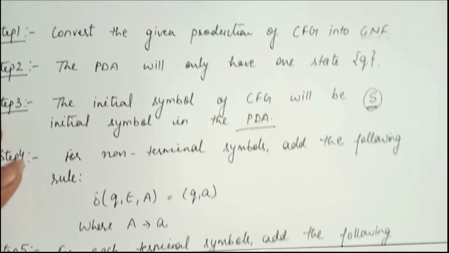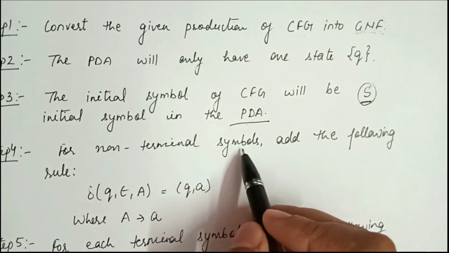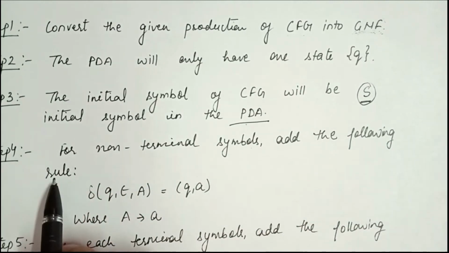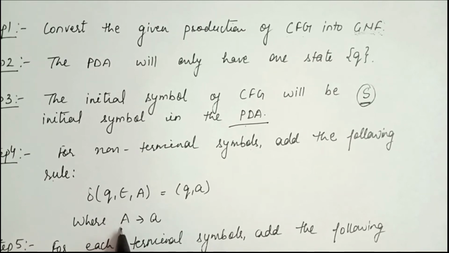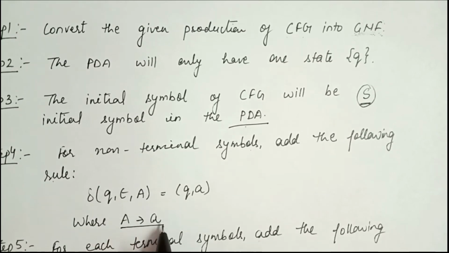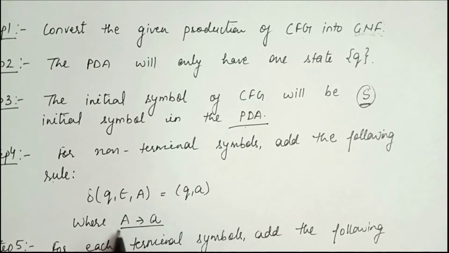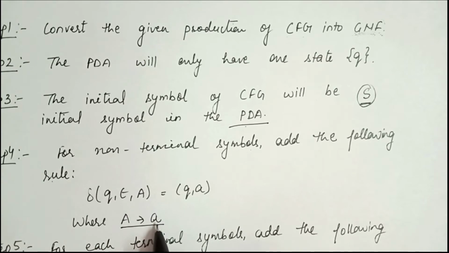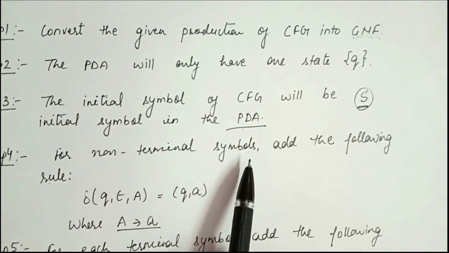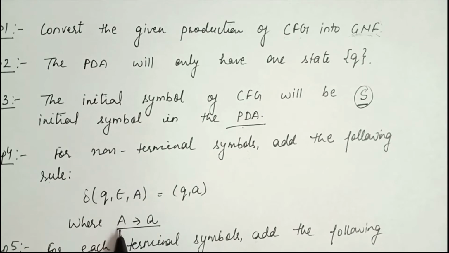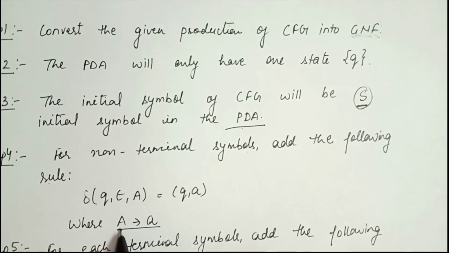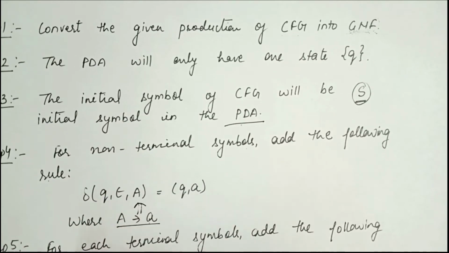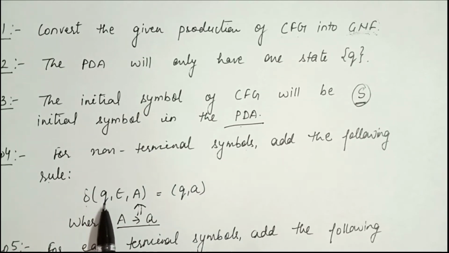Okay, the next step is that for non-terminal symbols we have to add the following rule. Suppose I have a rule that capital A produces small a. Capital A is a non-terminal and small a is a terminal. So for all the non-terminal symbols we have to add this rule: if we have a production as A derives small a, then it can be converted into a transition of Q. What is Q here?